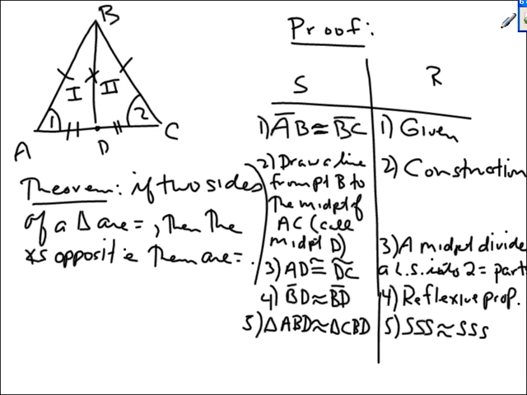Now we are done. Statement 6. Angle 1 is congruent to angle 2. The reason is corresponding parts of congruent triangles are congruent. Now, why are they corresponding parts? Well, angle 1 comes from these two sides.